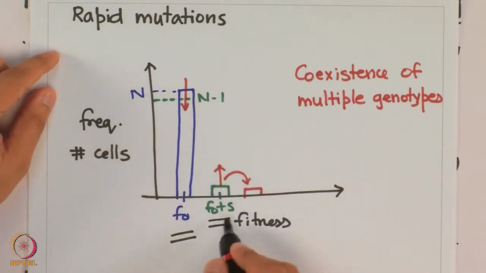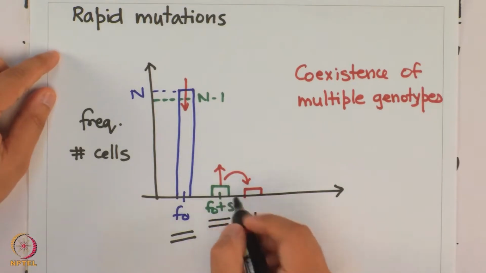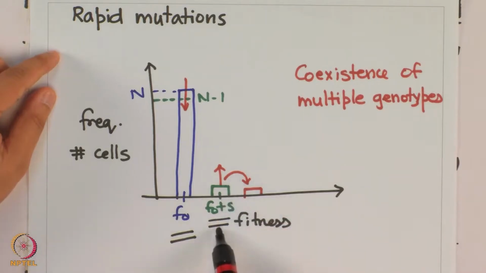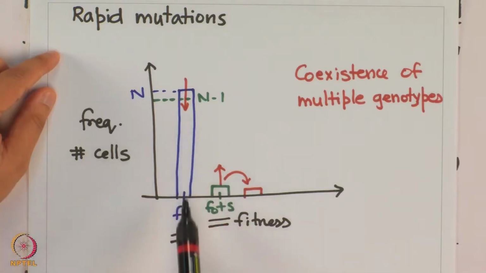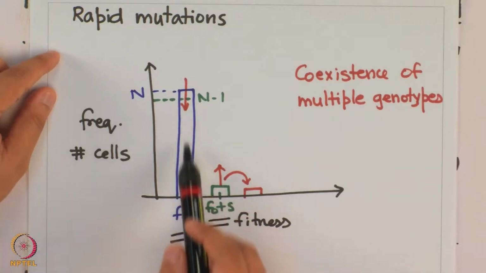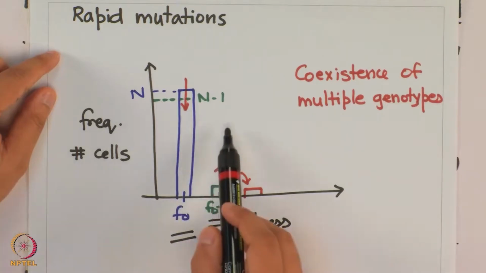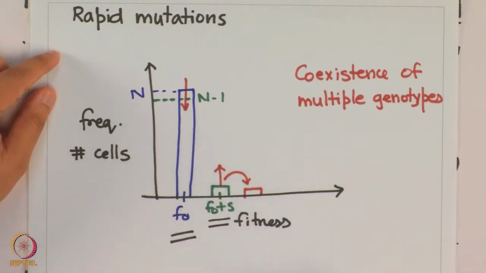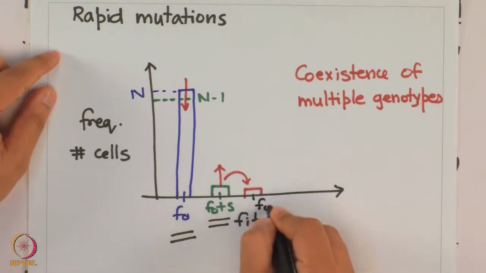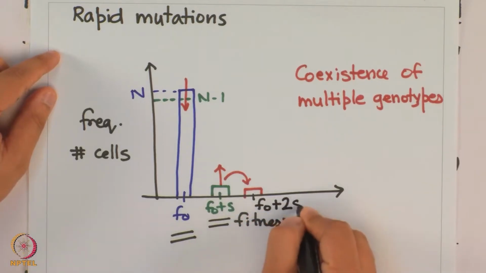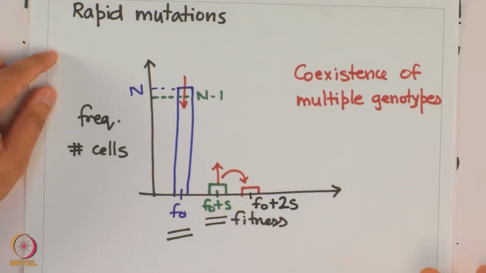Once we have these two genotypes coexisting in the population, selection would ensure that individuals corresponding to this particular fitness increase in number and individuals corresponding to this fitness decrease in number. While this is being eliminated and this is going towards fixation, the mutations are occurring at a very high frequency, and that results in another beneficial mutation occurring in the environment, and now you have individuals present at fitness f naught plus 2s.